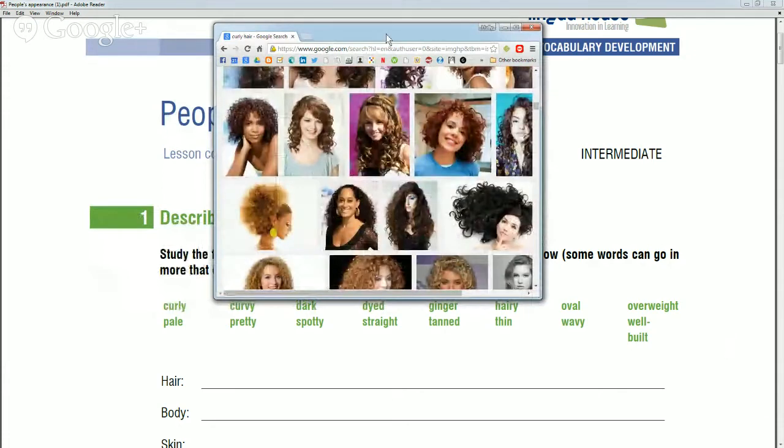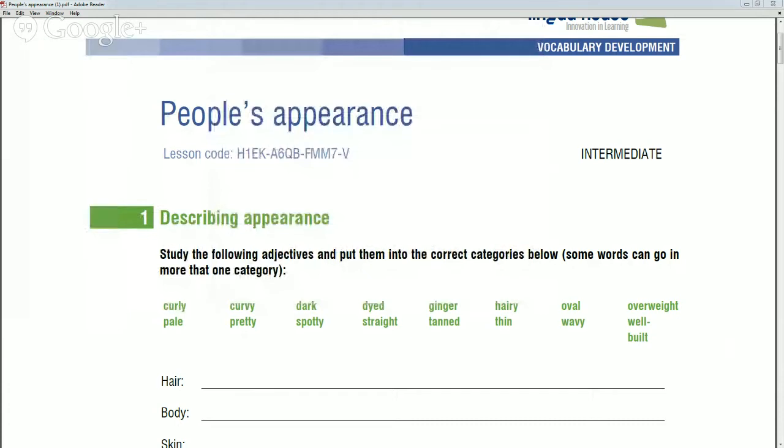My daughter has curly hair. Oh, does she? Yes. It looks nice, but I know that for women with curly hair, it takes years to grow it out, whereas women with straight hair can grow it from short to long in 6 months.